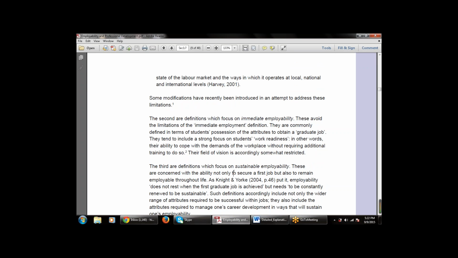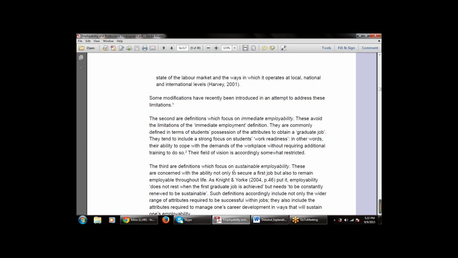So that is sustainable employability, that is, a job will be maintained in a sustainable way. These are concerned with the ability not only to secure a first job but also to remain employable throughout life.